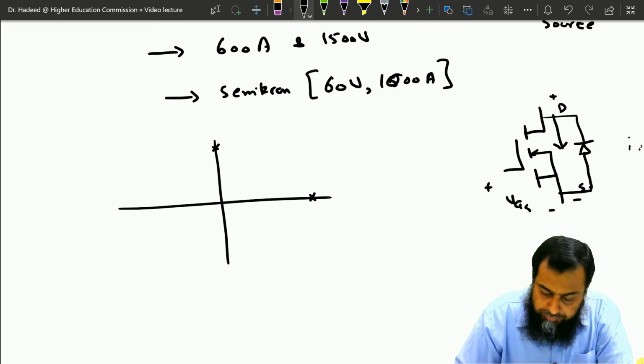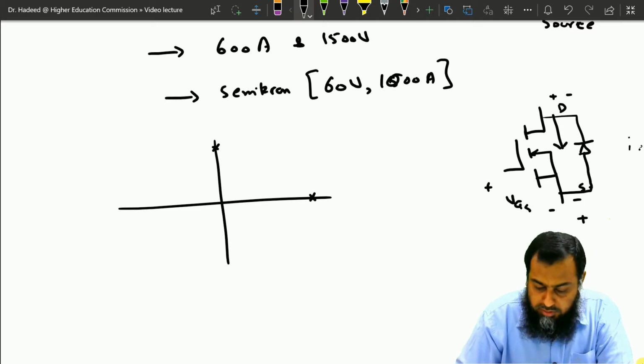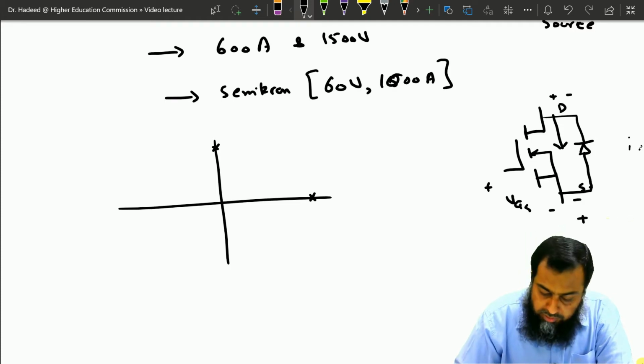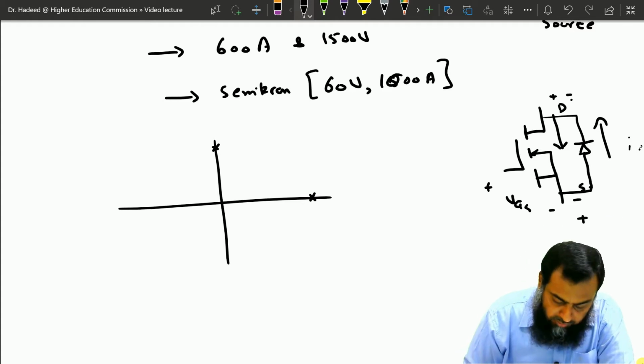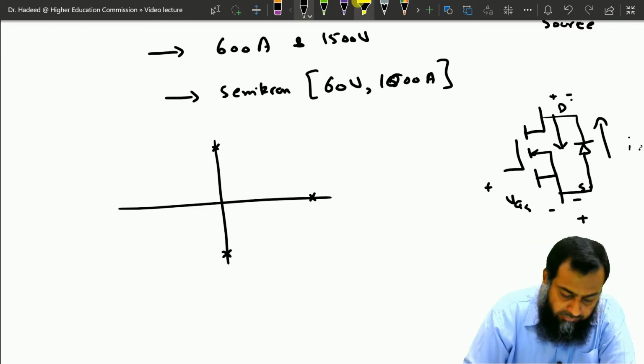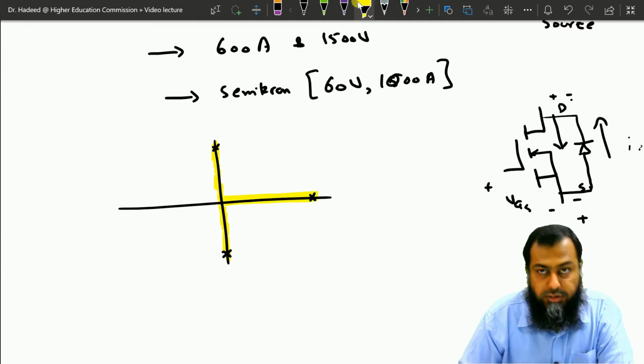So if you apply a positive terminal here and a negative terminal here, this body diode gets forward biased, and therefore this device is not able to block the negative voltage. However, when we apply the positive voltage here and a negative voltage here, the current flows from the source to the drain via this body diode, and therefore a negative current is also possible through this particular device.